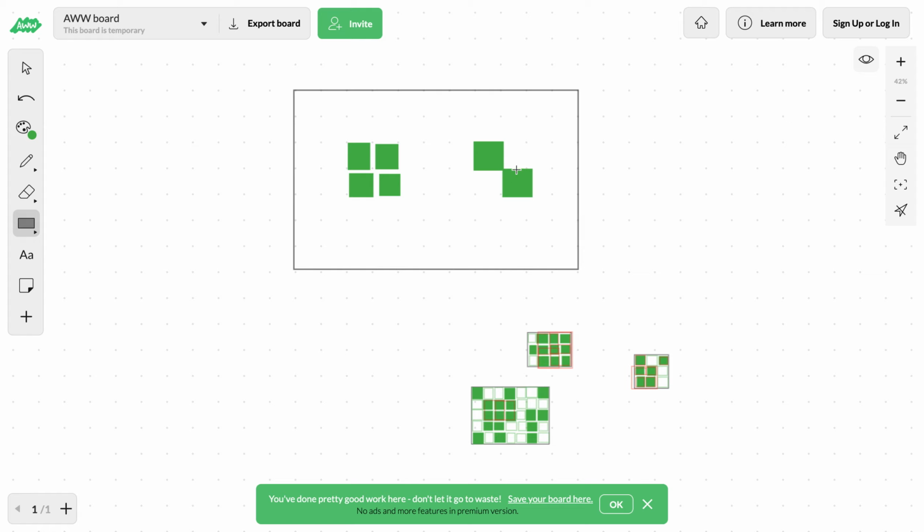Can this form a size 2 square? No, because we don't have these two fields completely filled with 1. So to have a square ending at this position, we need to ensure all its adjacent cells are also filled with 1. Then only will we be able to form a square here.